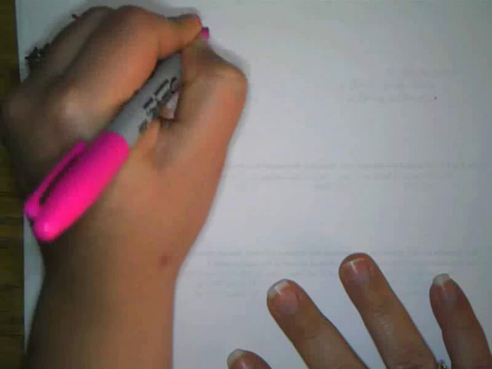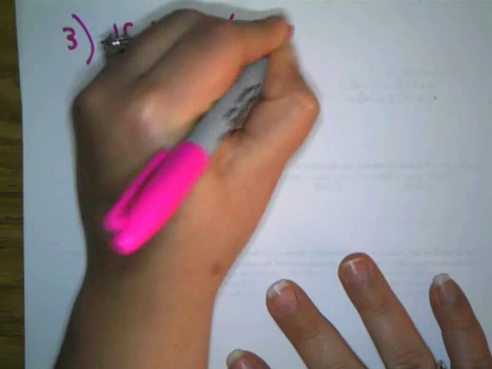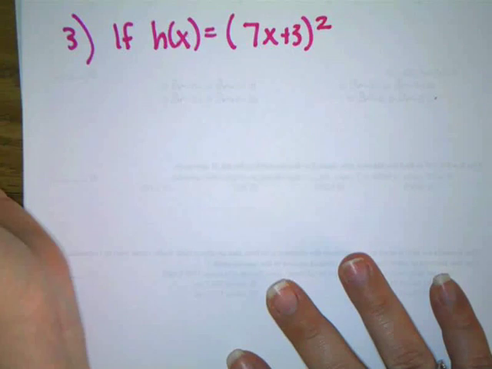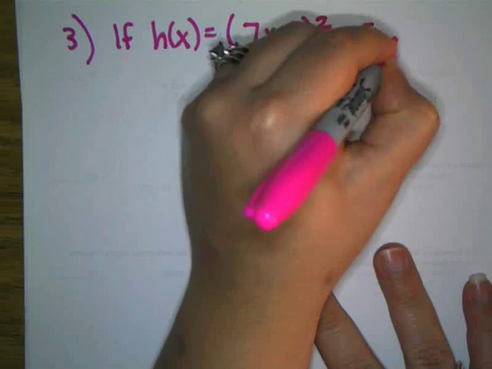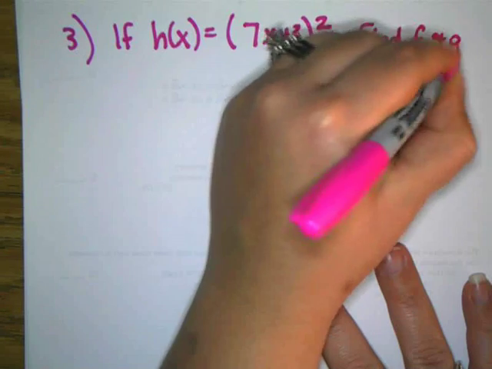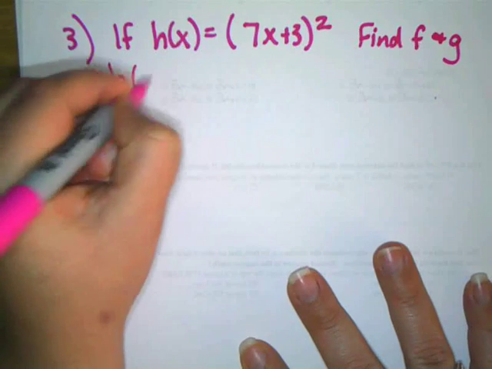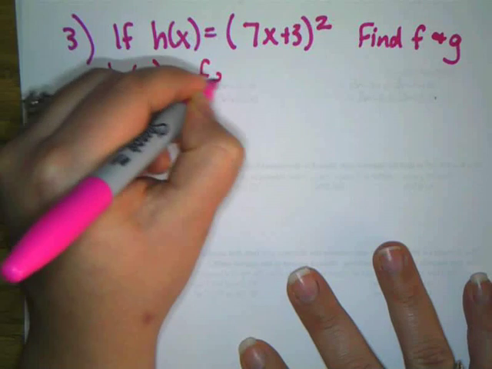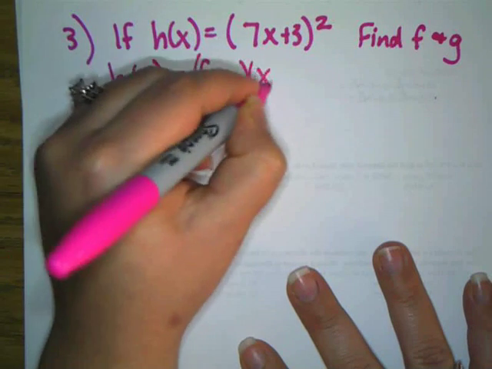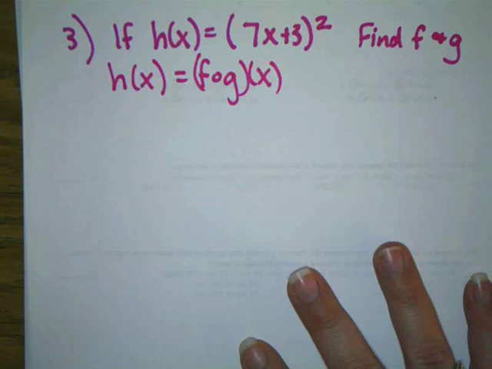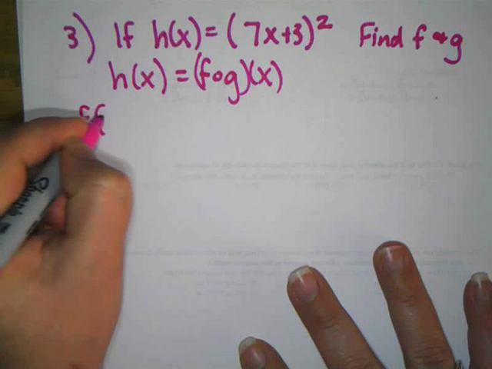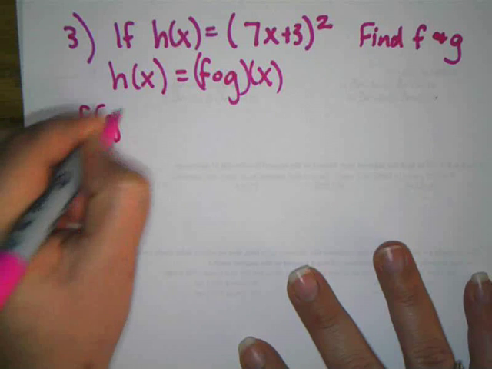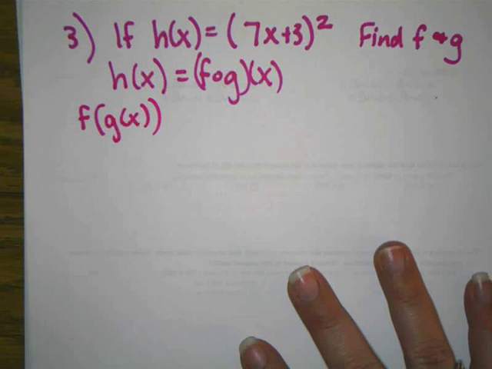Number 3. If h of x equals 7x plus 3 quantity squared, now I want you to find f and g where h of x equals f circle g of x. So again, it's f of g of x.